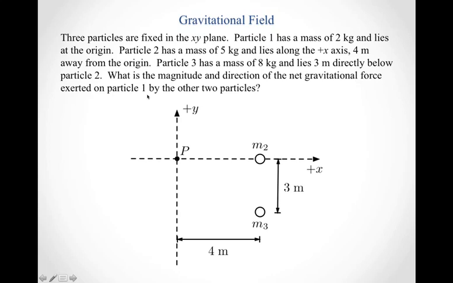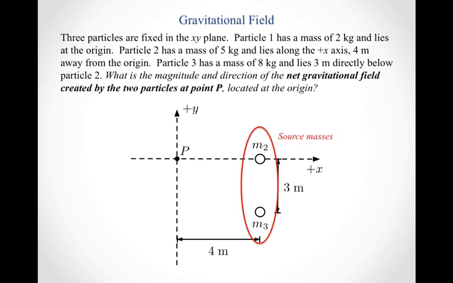And so we can reframe this problem by saying, instead of thinking about the gravitational force on a mass, I can take my two source masses and think about the magnitude and direction of the net gravitational field caused by these two particles at point P, in this case at the origin.